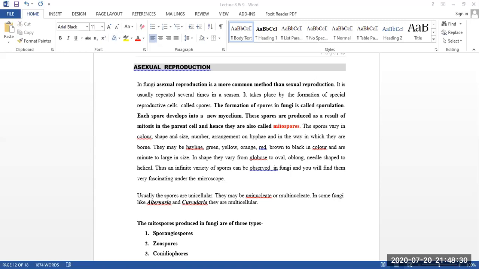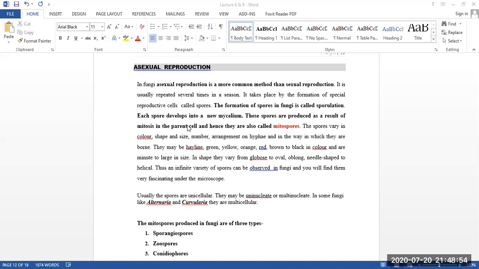Asexual reproduction is the most common reproduction in fungus, more than sexual reproduction. The spores formed through asexual reproduction are produced by sporulation.